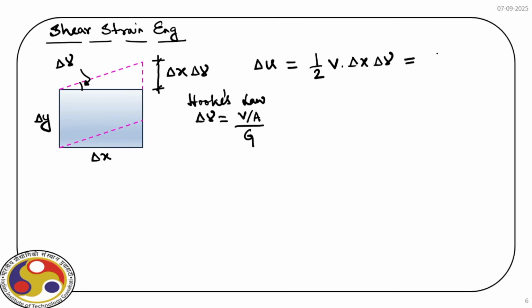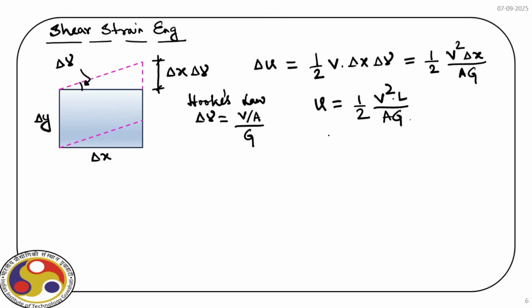What we get is half V squared delta x divided by AG. So the total strain energy is half V squared times the dimension divided by A times G.